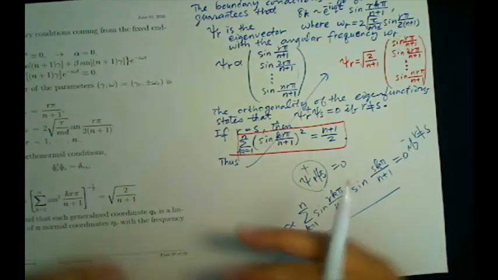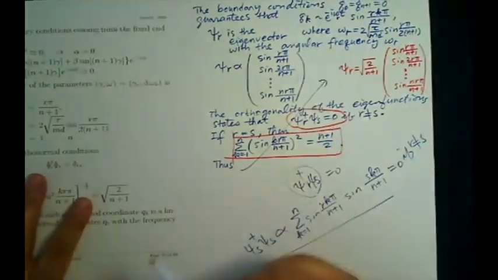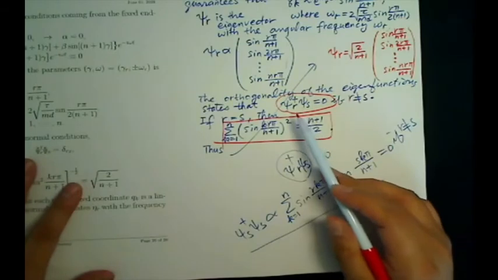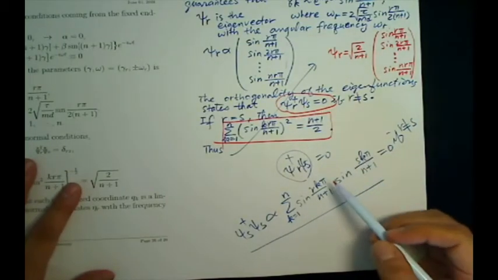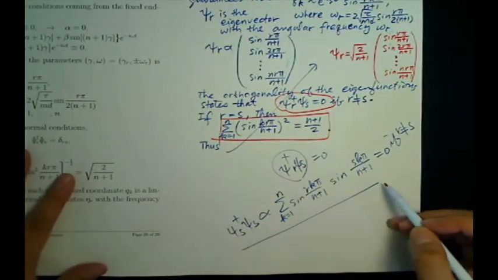The vanishing scalar product for distinct eigenvalues can be expressed in such a way.